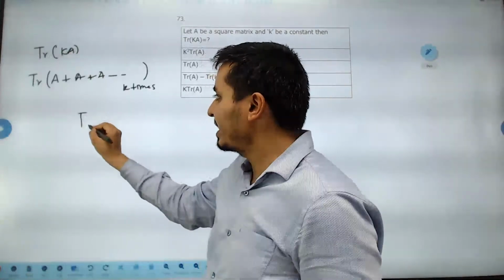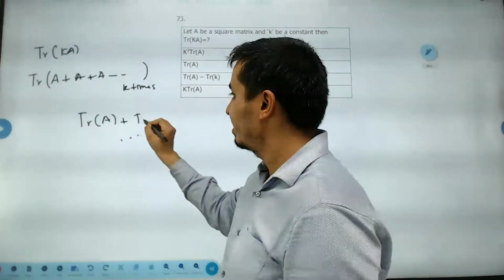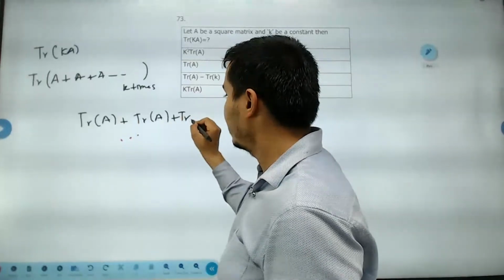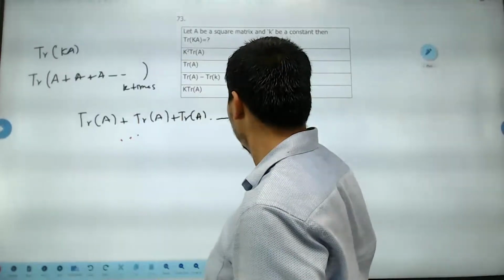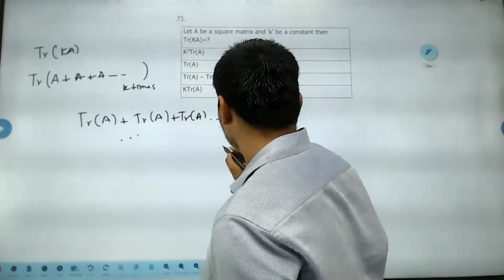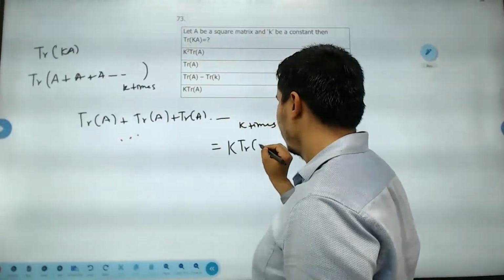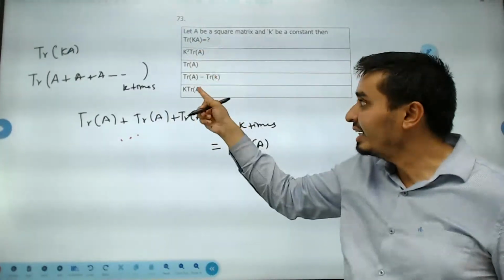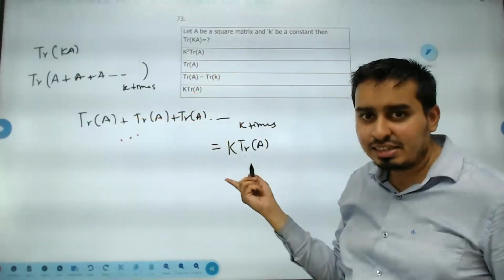So this will become trace A plus trace A plus trace A, K times. This is K trace A. But like I said, this is a direct formula. You should remember that trace of KA is K times trace of A. However, if you don't know this, then we can get the answer this way, right?